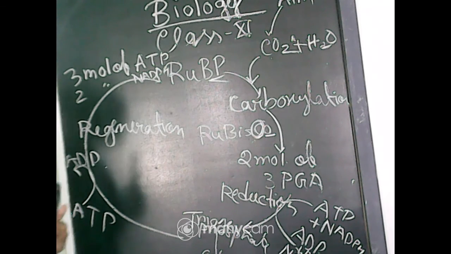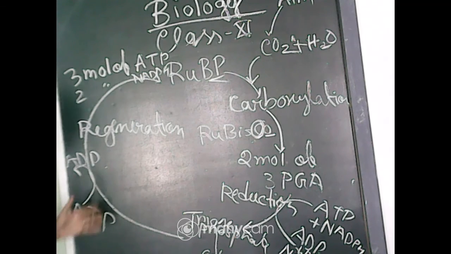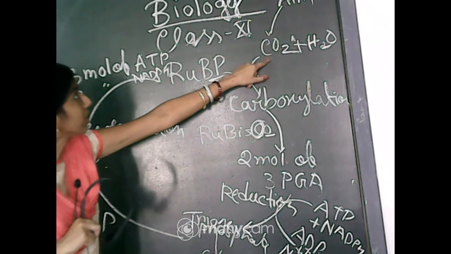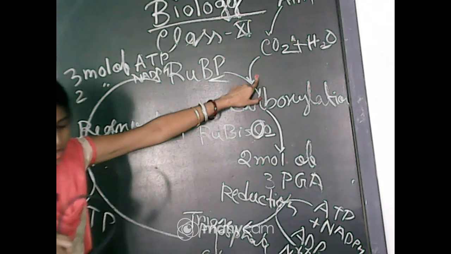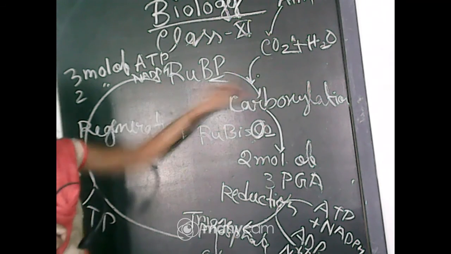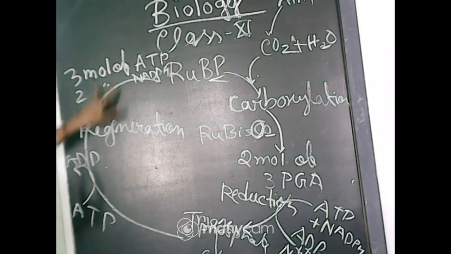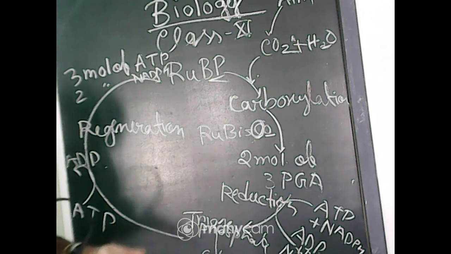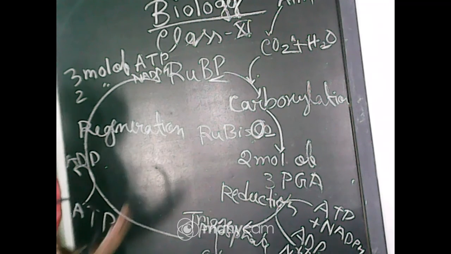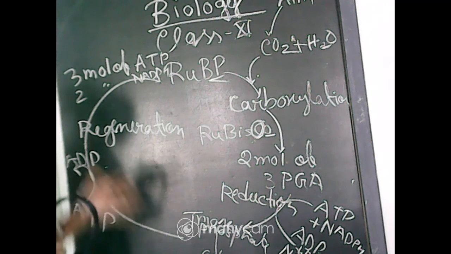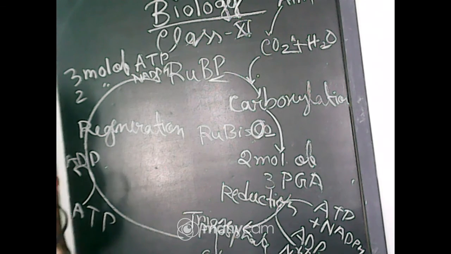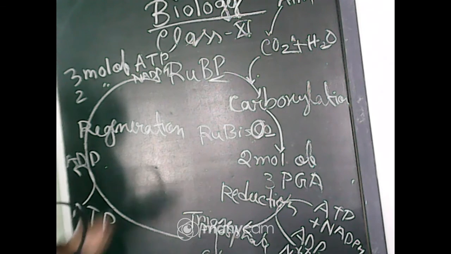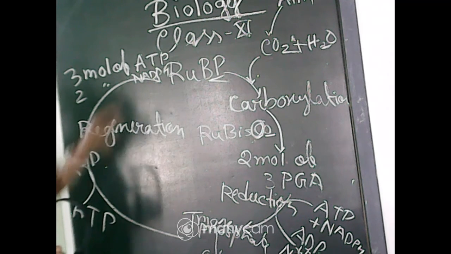This is probably to meet the difference in the number of ATP and NADPH used in the dark reaction, which is why cyclic phosphorylation takes place.